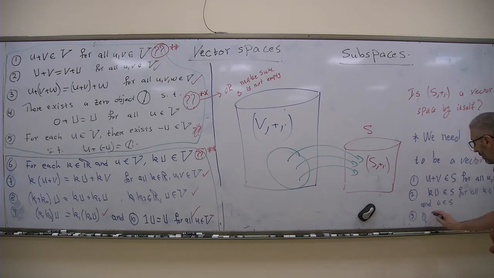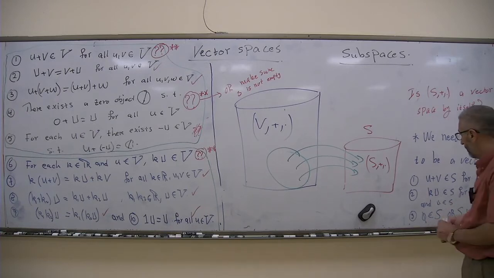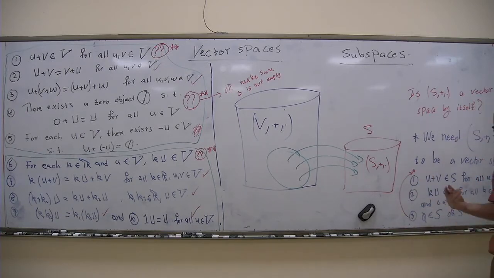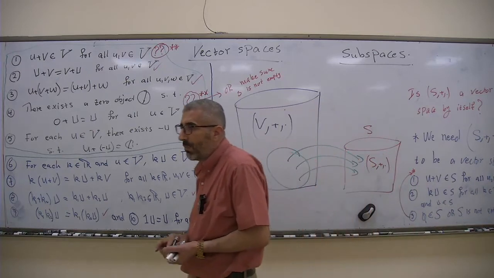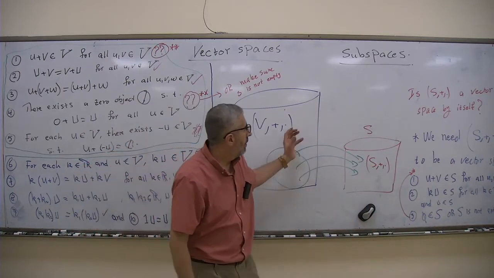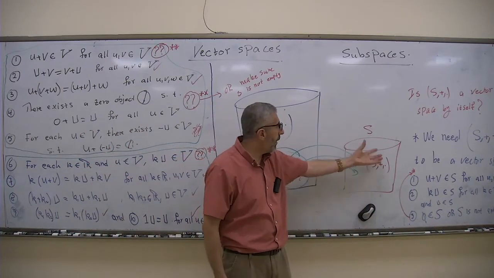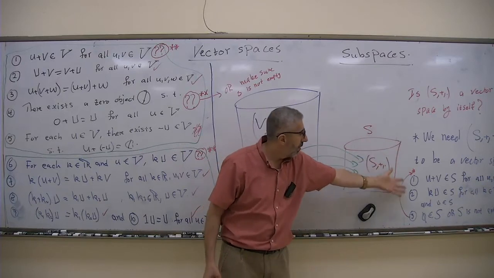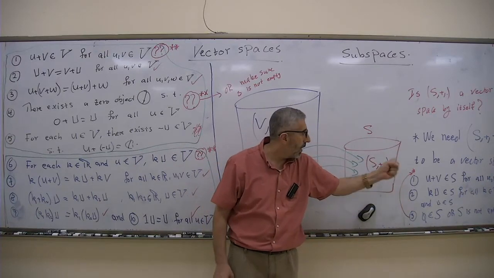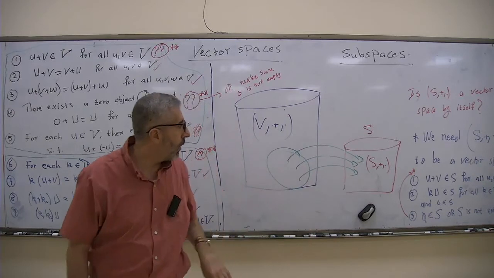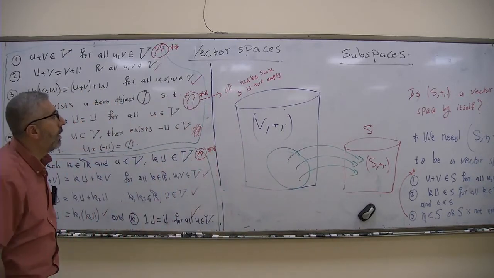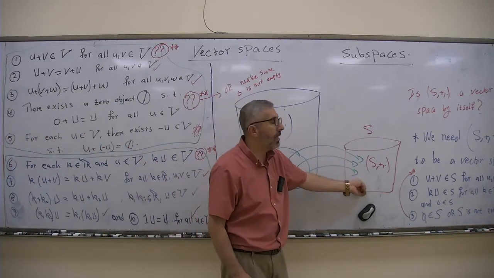We need the zero object to be there, or S is not empty. Because before you start, you need to guarantee that your set is not empty. You are claiming that you took something, but this is empty. In that case, why do we check those conditions? Okay, so those are the three conditions that you need to check to guarantee that this is a vector space.